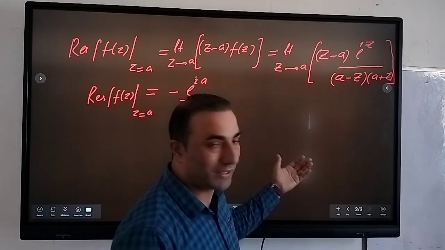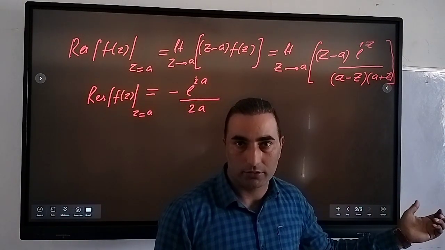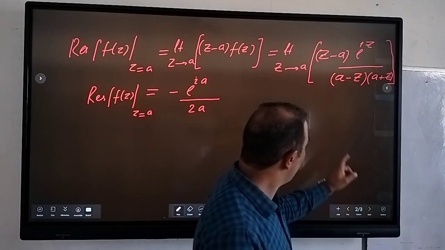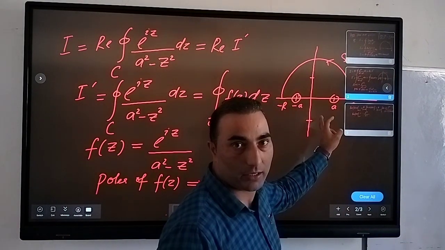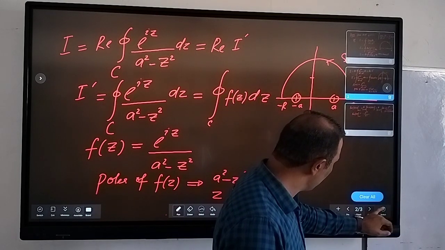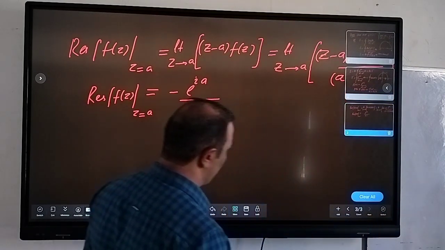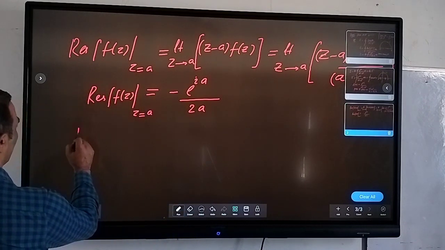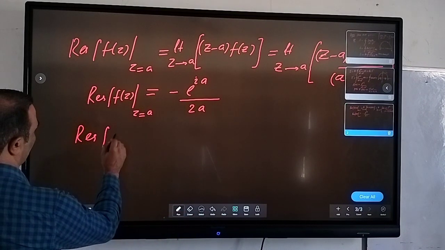And in addition to that, we can have one more residue, because that lies at z equal to minus a, right? So we can compute the residue at this pole also, right? So that means we can rewrite this as the residue of this f of z.